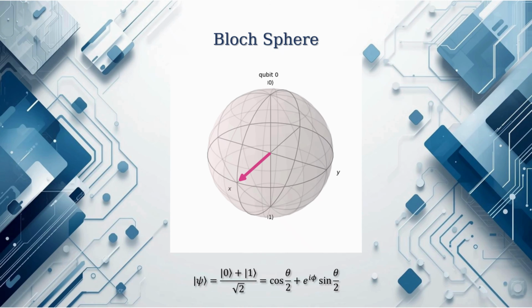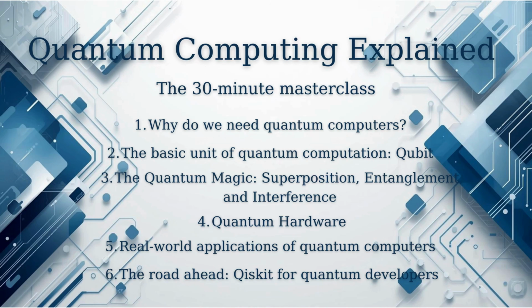In that case, we can write it as follows. For example, psi is gate 0 plus gate 1 by root 2. Therefore, angle theta is pi by 2 and angle phi is 0.